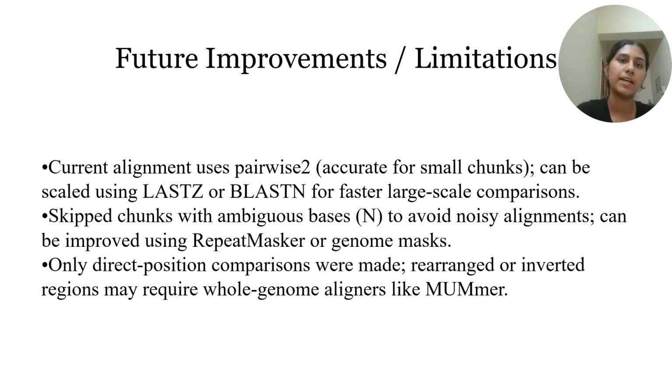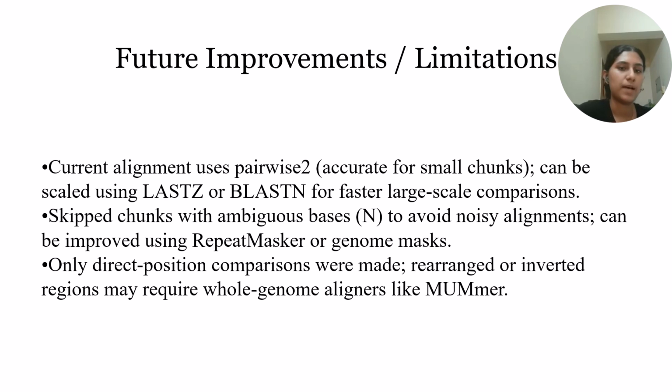So till now, I only used pairwise for the small chunk comparisons, but large tools such as LAST, MUMmer, or BLASTN can be used for better results because the data set is very huge. And when coding, I avoided the unknown base N to avoid the noise. So that also should be improved.